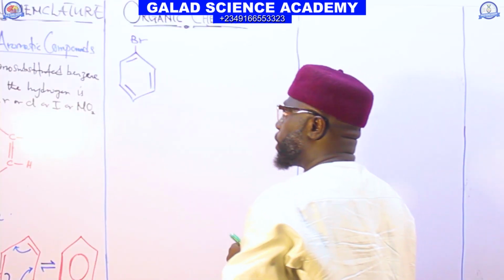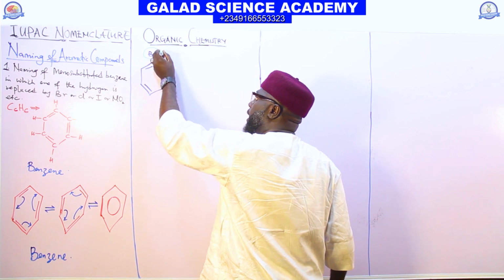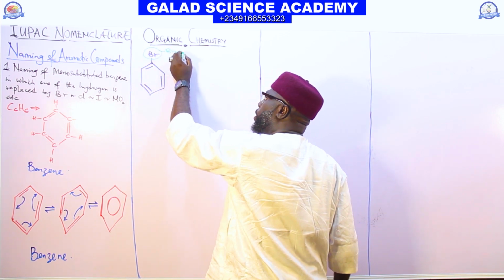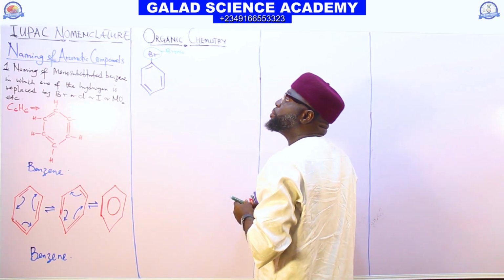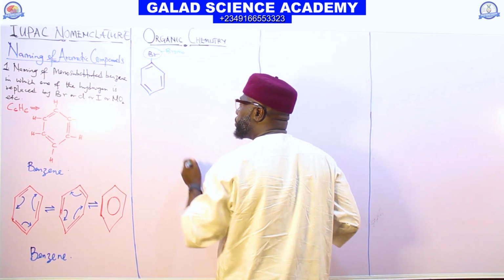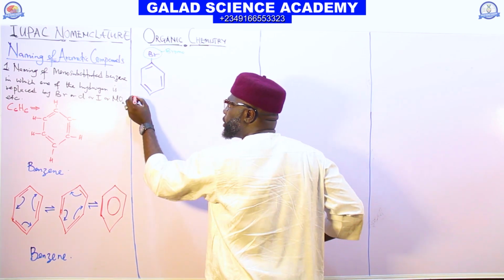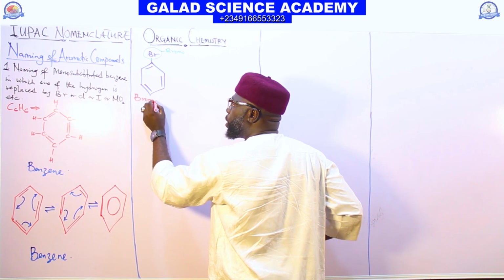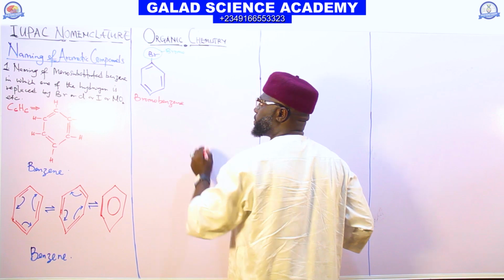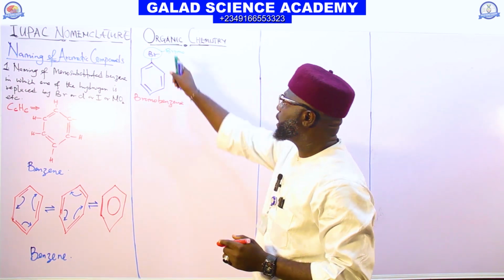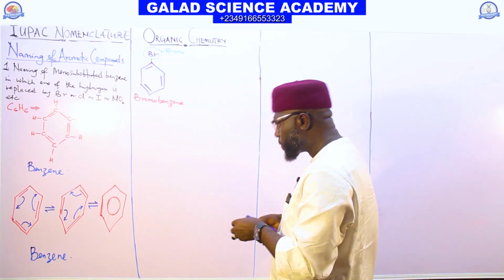Here we have bromine, which is bromo, attached to benzene. So the name of this compound will now be bromobenzene. Because the hydrogen here is replaced by bromine.